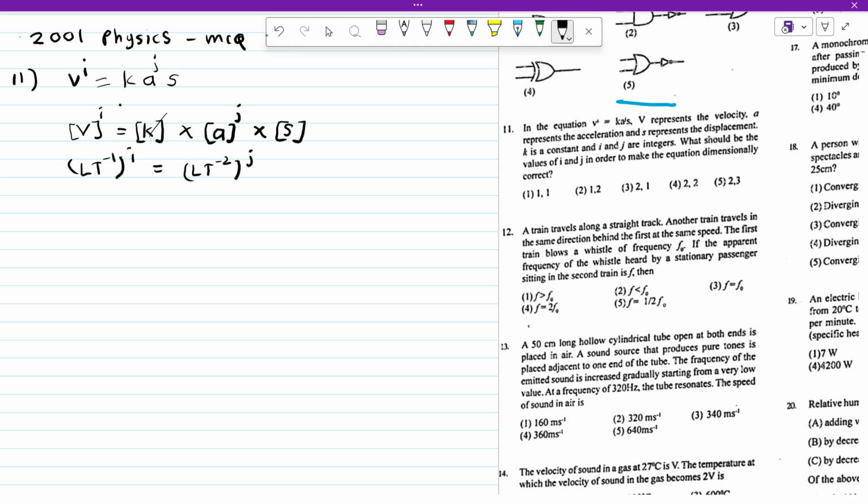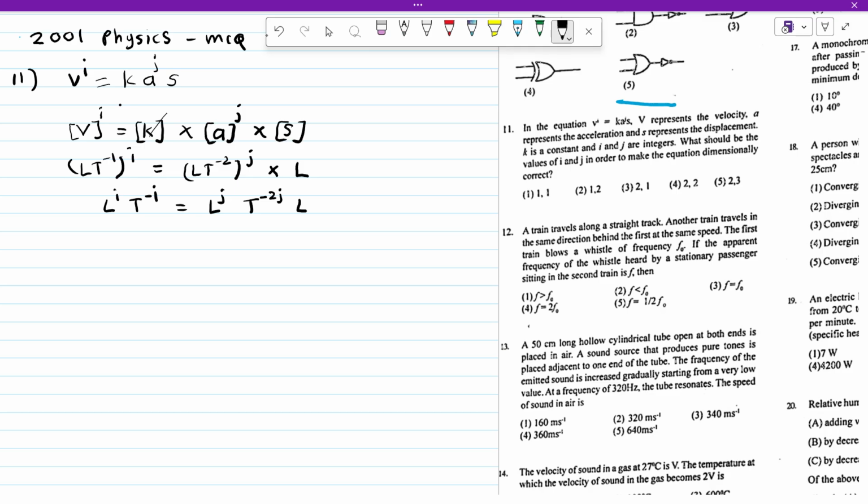Then, as they have given, i and j are integers, and S represents the displacement. So S is displacement, we represent it in L. So now L^i T^minus i equals L^j T^minus 2j into L. The constant K has to be considered as a dimensionless constant.